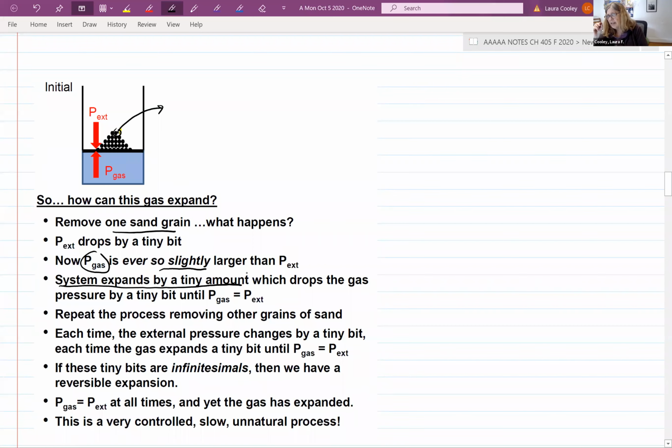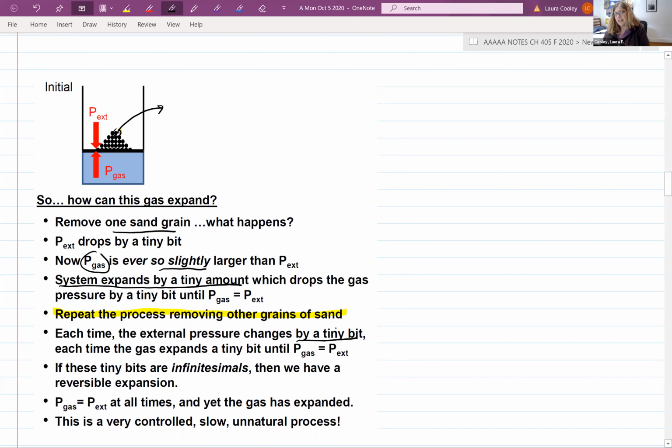And when it does, its pressure goes down because it's expanded, okay? Its volume has increased, and the pressure decreases. And we repeat this process, removing other grains of sand. We do this one grain of sand at a time, and each time the pressure changes by a tiny bit.